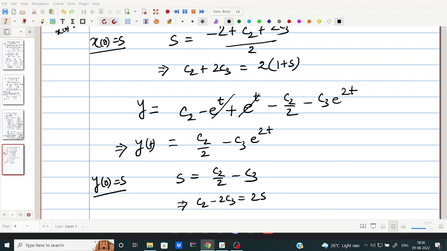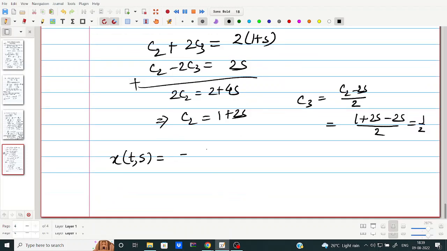So now what do x and y finally become? x, which is a function of t and s, two parameters, I am putting the value of c2 and c3 in x and y. x is minus 2 e power t plus 1 plus 2s plus e power 2t by 2, and y is 1 plus 2s minus e power 2t by 2. And u I got as e power t from the first.